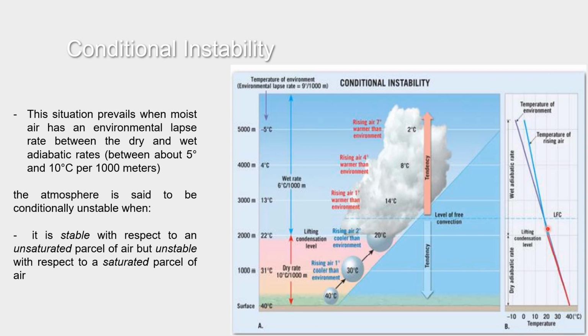So this altitude, the level of free convection, is the altitude at which air rises because of its own buoyancy. From there, the air rises because it has become buoyant.